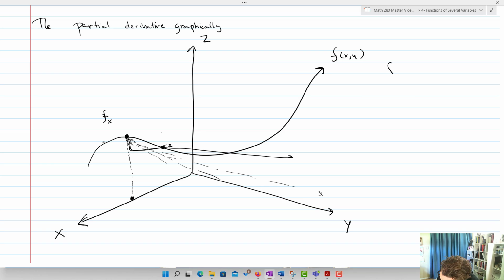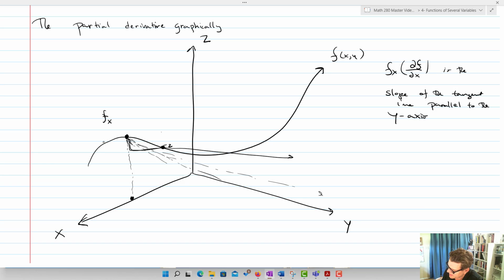But basically, what we'd say is that fx, which is just our alternate way of writing df dx, is the slope of the tangent line parallel to the x-axis, running in a plane somewhere parallel to that axis.